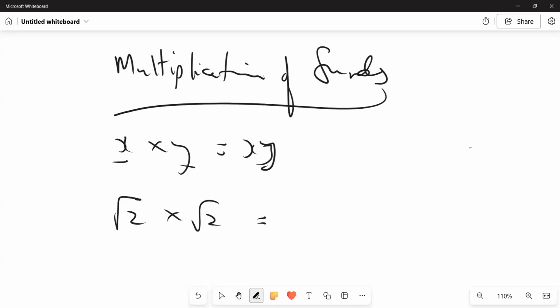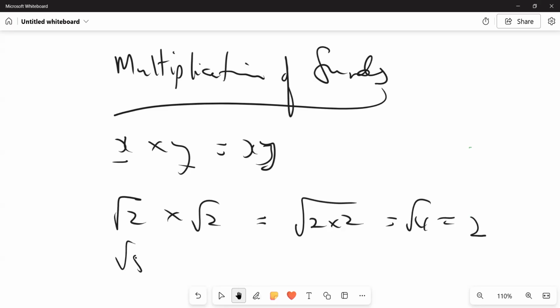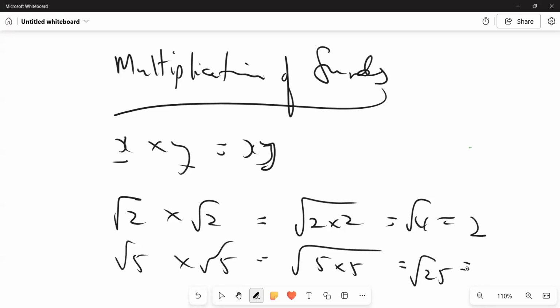You get root 2 times 2, which is root 4, which is 2. Root 5 by root 5 is the same as root 5 times 5, which is root 25, equal to 5. You can multiply them, right?